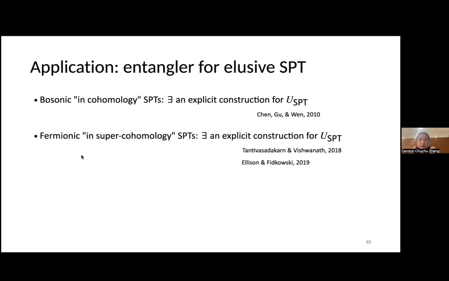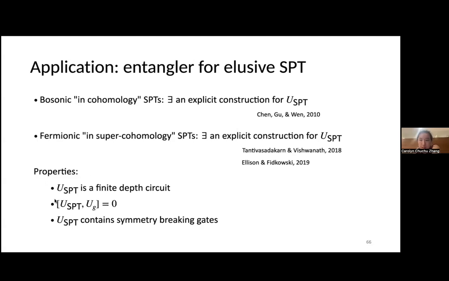And for a broad class of fermionic supercohomology SPTs, we have an explicit construction for this entangler as well, at least in low enough dimension. And these entanglers are rather nice. These U_SPTs that entangle these SPTs are finite depth quantum circuits, and they're also symmetric as a whole. They contain gates that break the symmetry, but if you take all the gates and multiply them together, the U_SPT is actually symmetric as a whole.